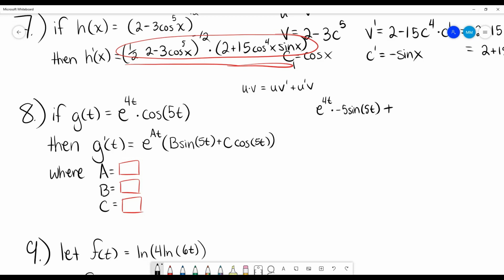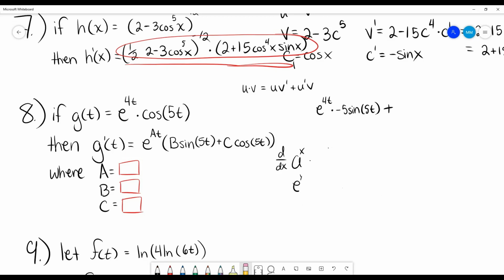A, we might just have it memorized, but we also know that the derivative of any number a to the x is going to be a to the x times the natural log of a, and in this case it's e to the x, so it's e to the x times natural log of e, which is just e to the x times 1, or just e to the x, right?